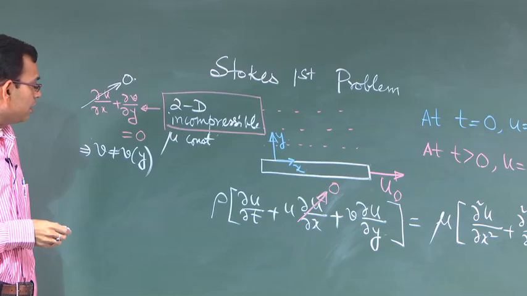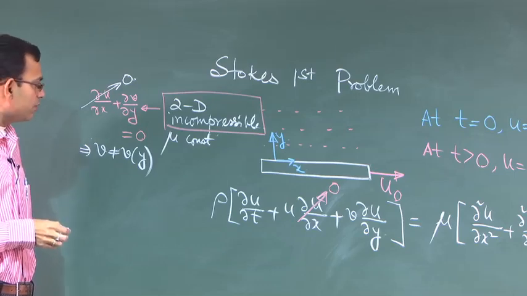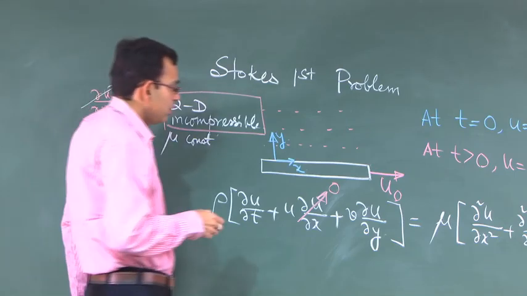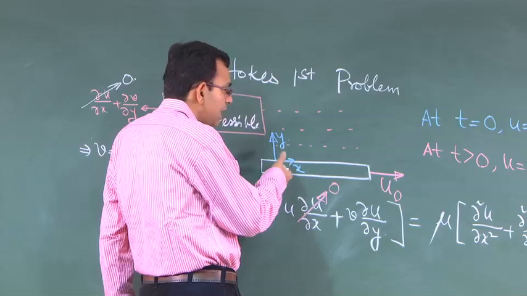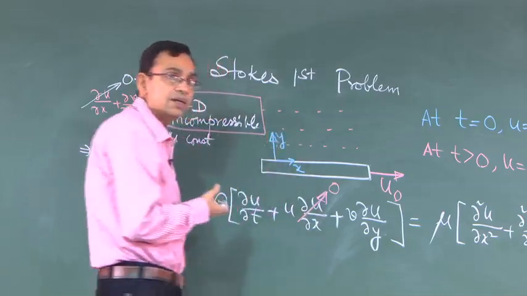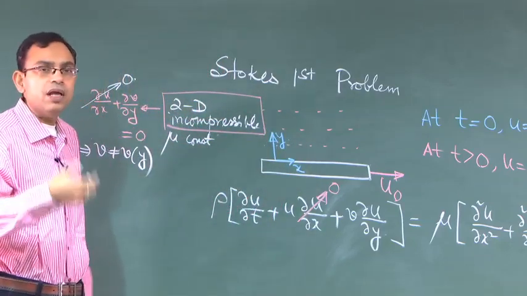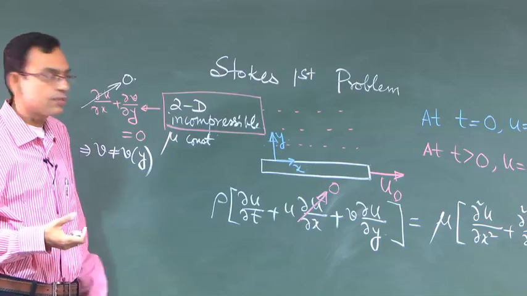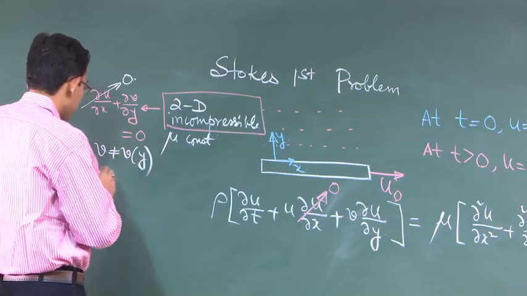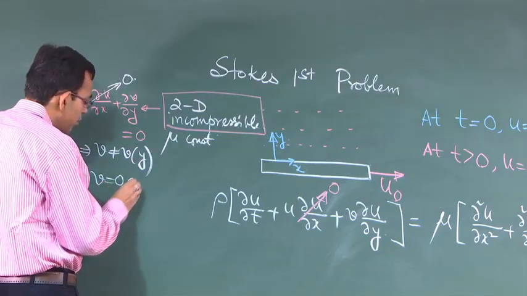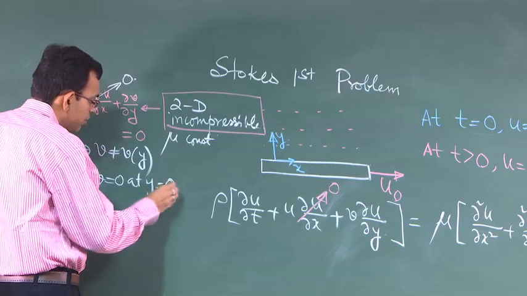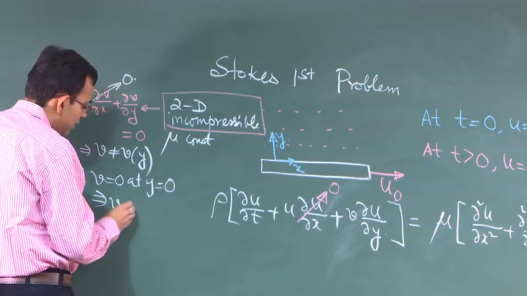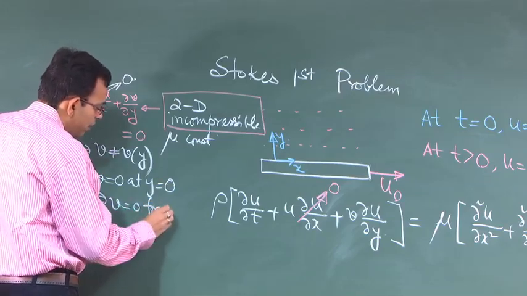And because v is not a function of y, whatever v you can find at some particular value of y, that value of v remains true for all values of y. So, we can say that v is equal to 0 at y equal to 0, which implies that v is equal to 0 for all y.